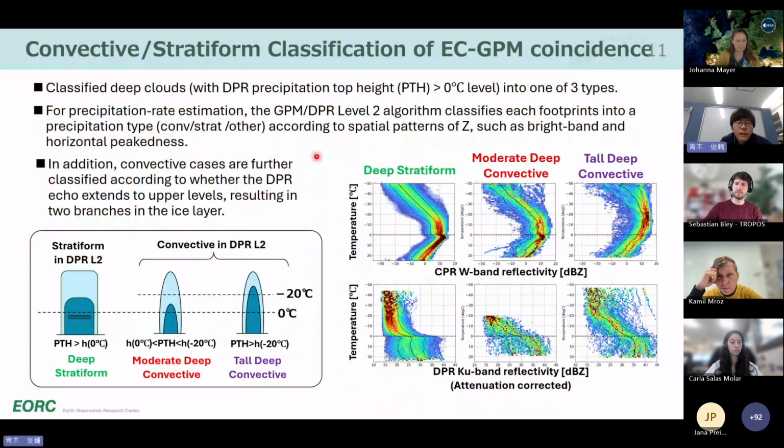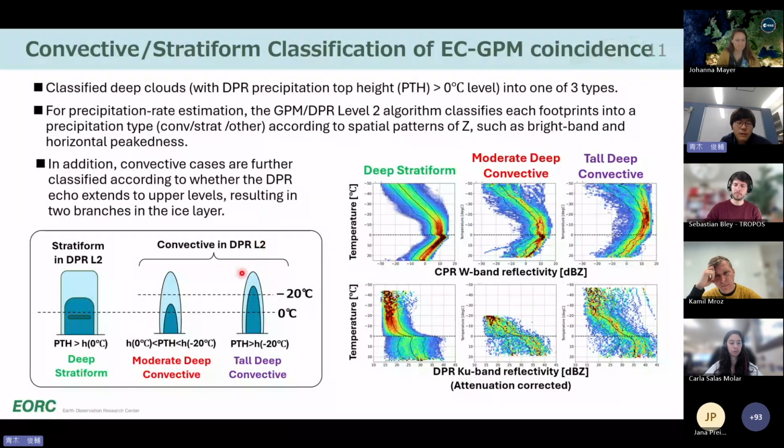Next, we categorized convective and stratiform precipitation. We classified deep clouds into two types. First, stratiform and convective according to the GPM-DPR level 2 algorithm. In the GPM-DPR algorithm, each footprint is categorized into stratiform or convective according to spatial patterns of radar reflectivity, such as bright band and horizontal peakedness.